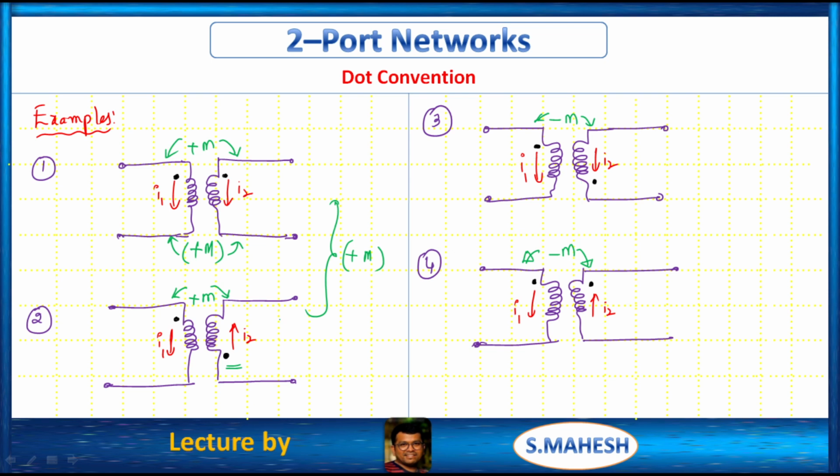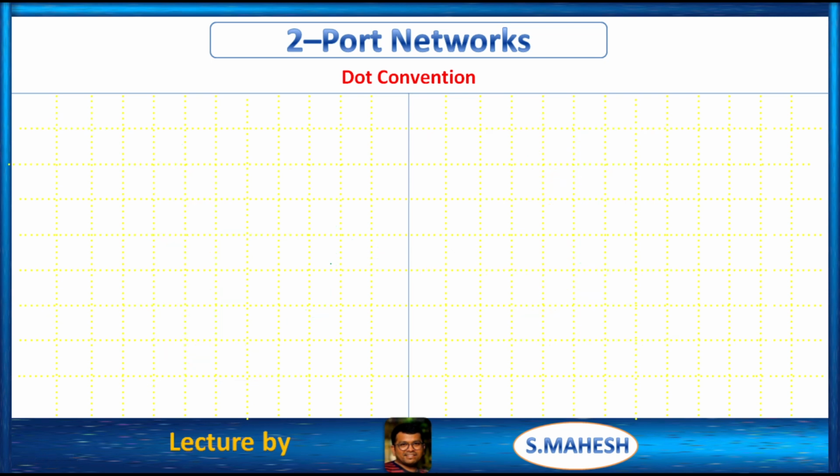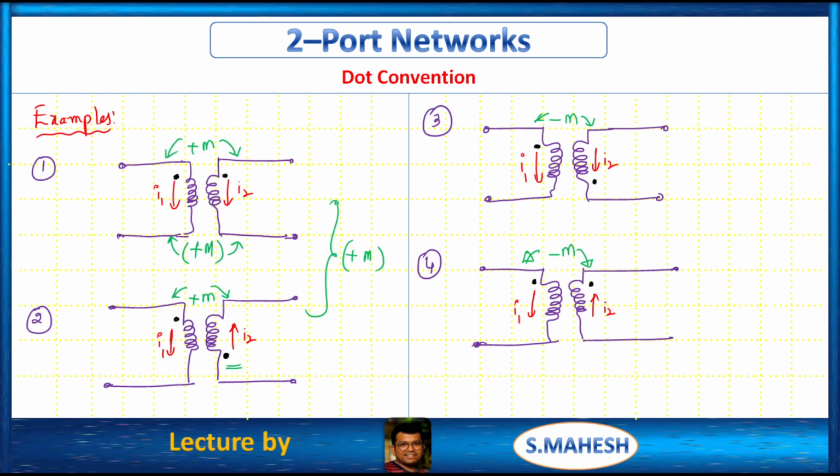Okay, we can write one important point. See, from this example, why it is taken as positive M: it means that the windings of the coils are wound in the same manner as one another.